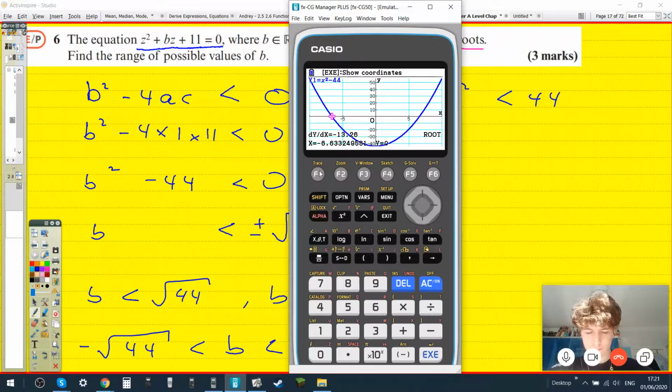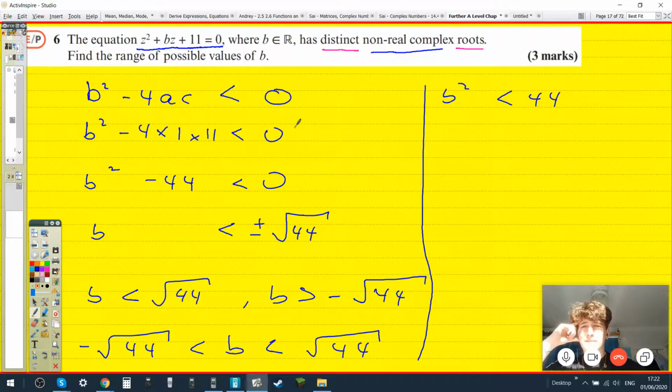The roots, it is in between minus 13.6 and plus 13.6. And the discriminant, what does it show again? The discriminant shows the number of roots.